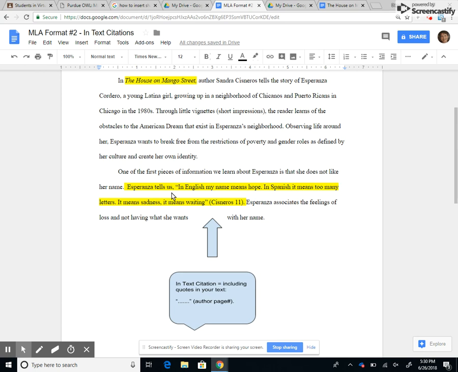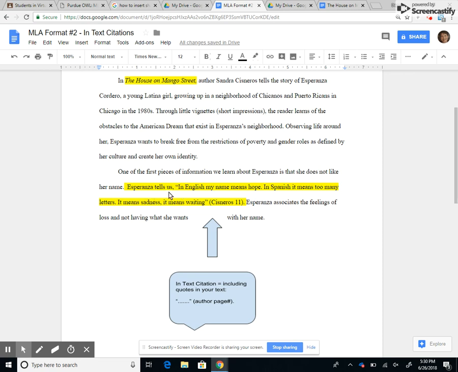Esperanza tells us, comma, quotation marks, and the first word in the quote needs to be capitalized, even though it's preceded by a comma, and normally following a comma we don't capitalize. But because I have a quote following the comma or being introduced by the comma, the first word in the quote needs to be capitalized.